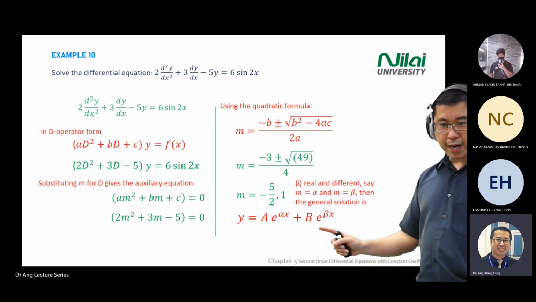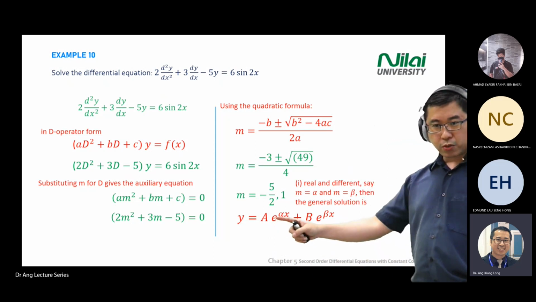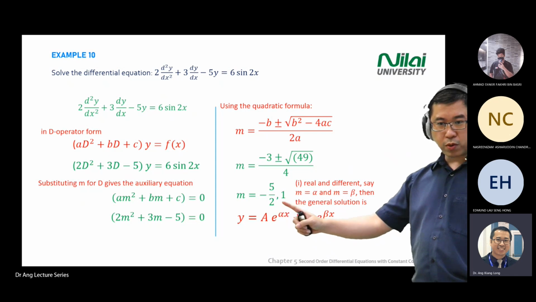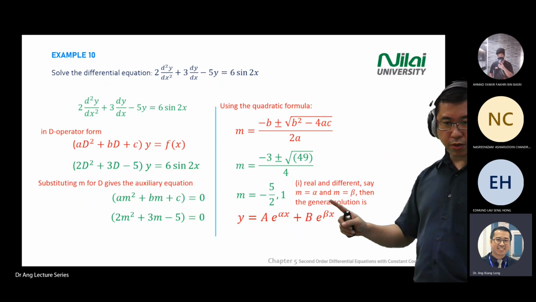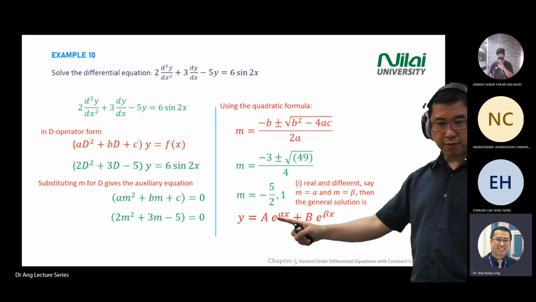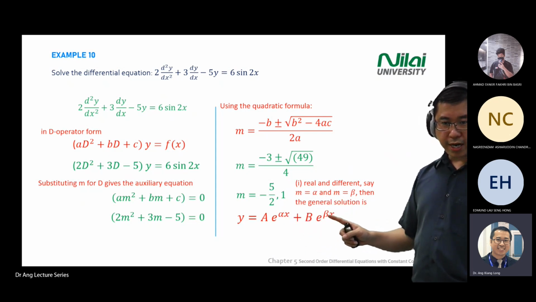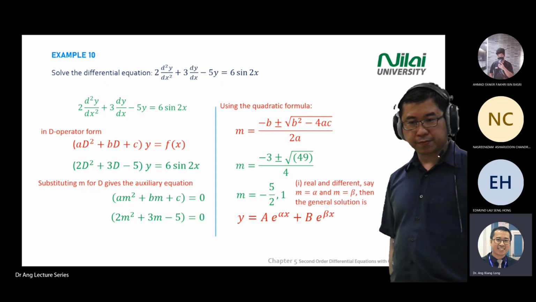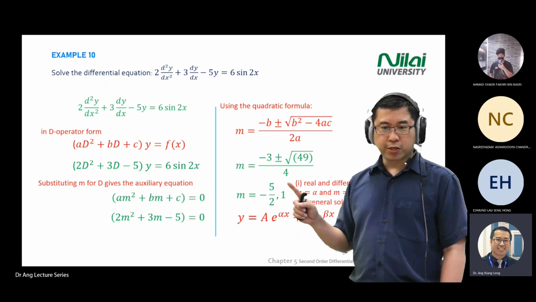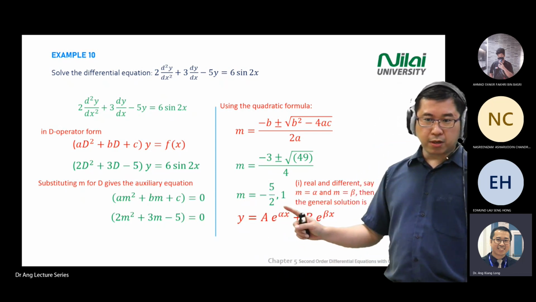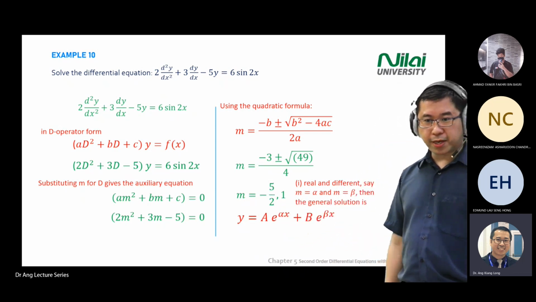The one at the back is always negative. So the alpha, you substitute 1 over here. The negative number, you substitute into beta here. Means the one in front is always positive, at the back is negative. What happens if you have two positive numbers? The low number is always in front, the big number always behind.